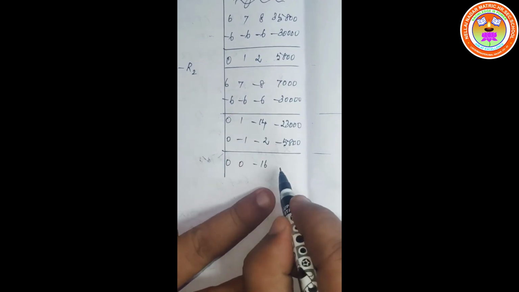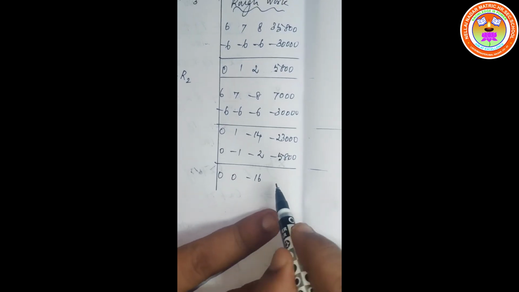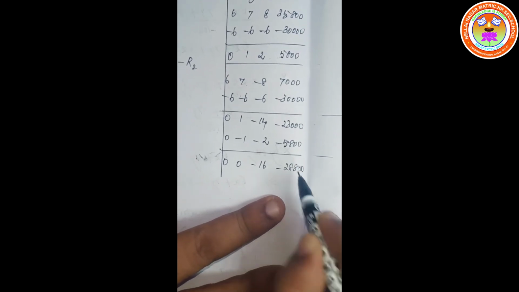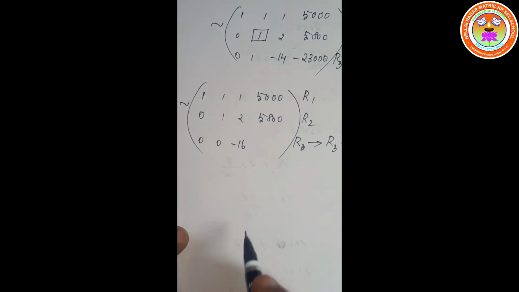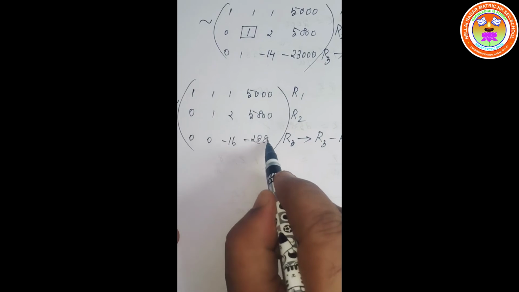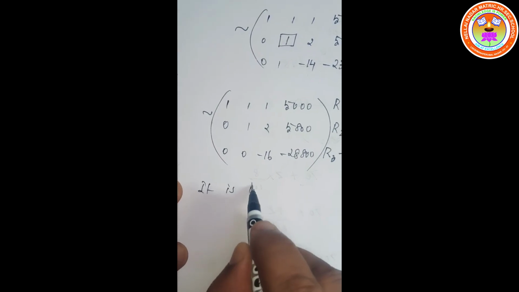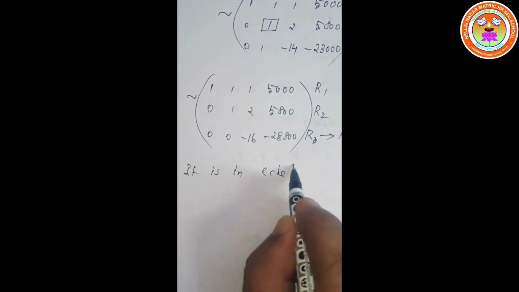If we add, we'll be getting 23 plus 5, 28, minus 28,800. So 0, 0, minus 16, minus 28,800. It is in echelon form.